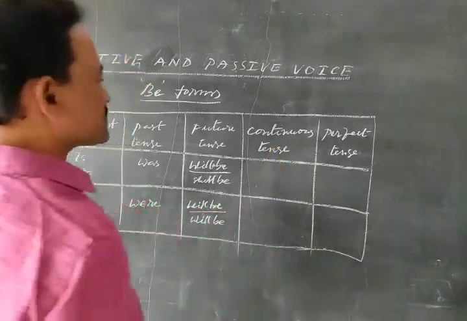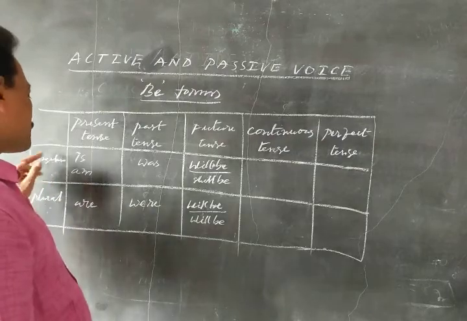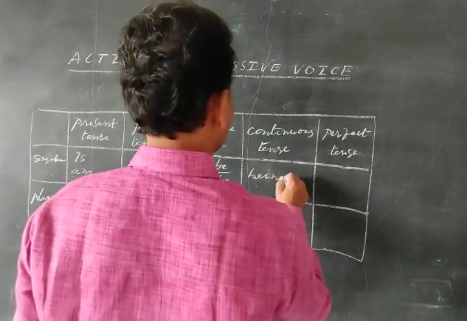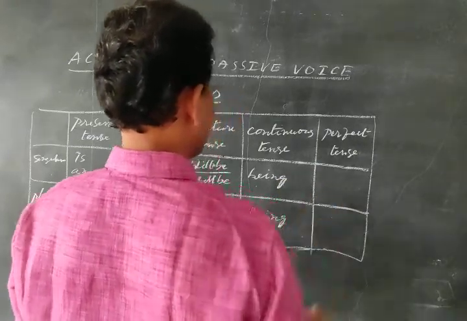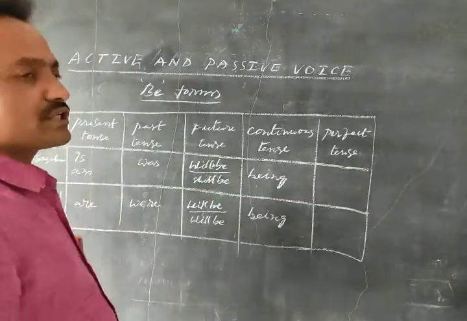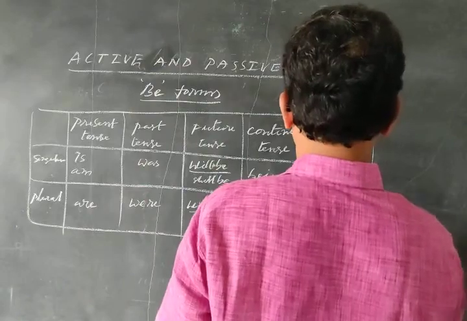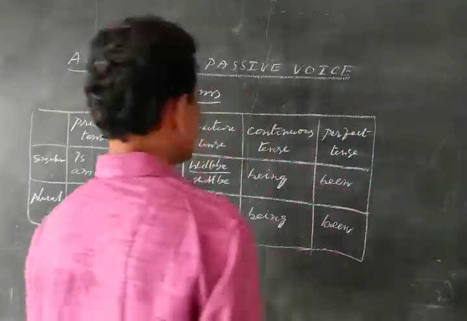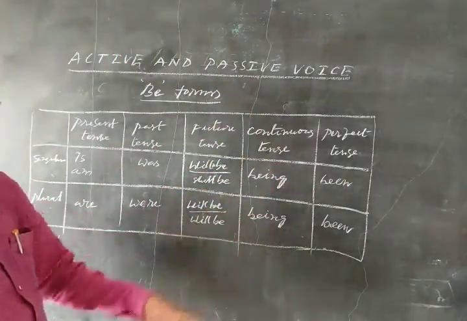Here in continuous tenses, how is the be form changed? Both the singular and plural say being. What is that? Being. As well as in perfect tense, the be form for both singular and plural is been. Once again, focus is needed here on how to change the be form.